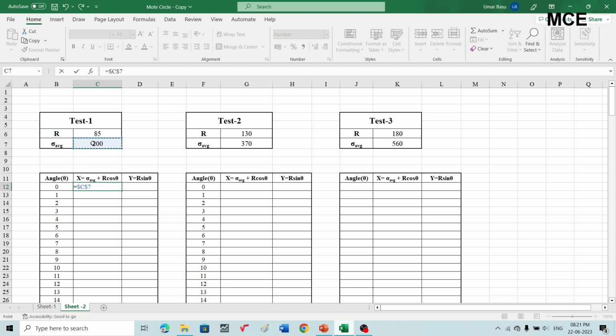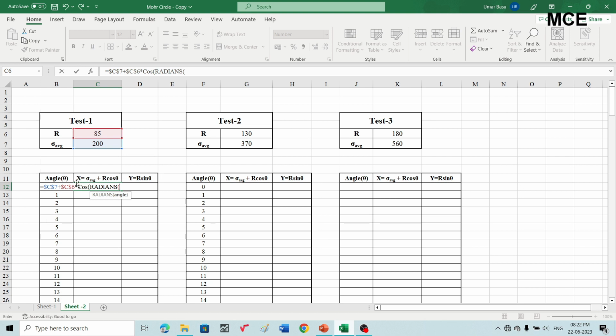After that, you will write the plus sign and select the radius for the test first, which is 85. Then again you will press F4 to introduce the dollar sign. Then you will write the multiplication sign, then write cos, and then start the bracket, write radians, because the given angles are in degrees and we have to change them into radians.